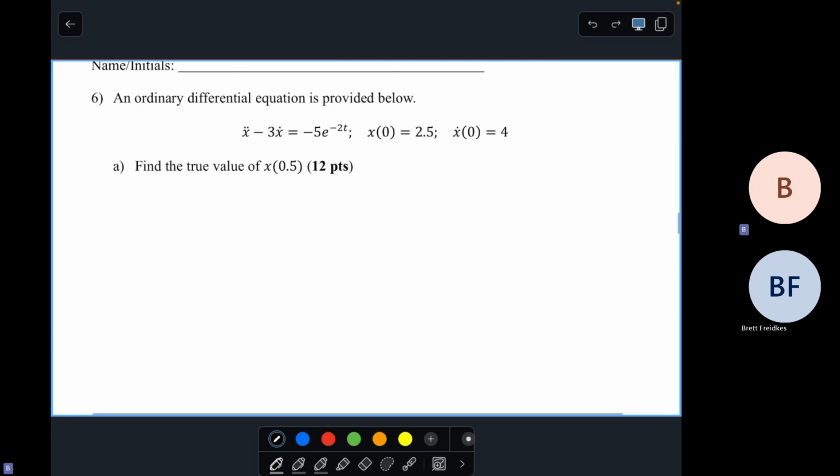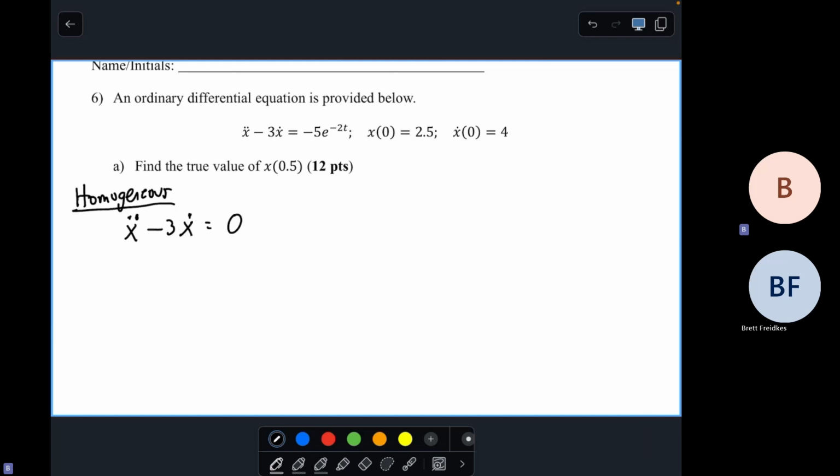If I want to find the true solution, what do I have to find first? I need to find the homogeneous solution and the particular. So let's start with the homogeneous. That will be x double dot minus 3x dot is equal to 0.